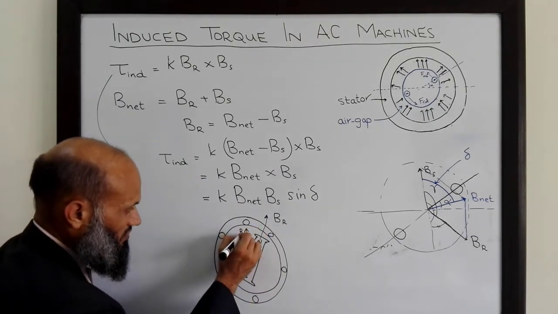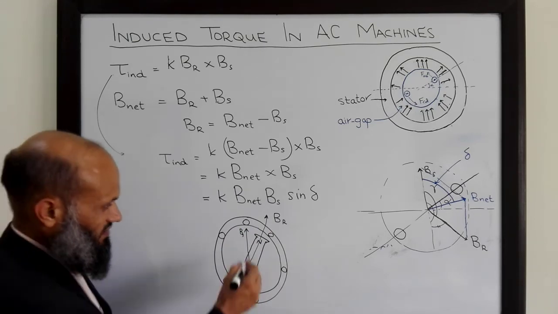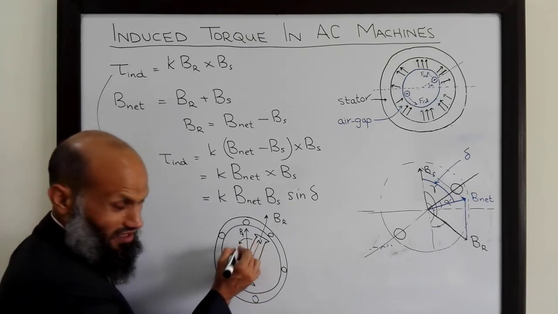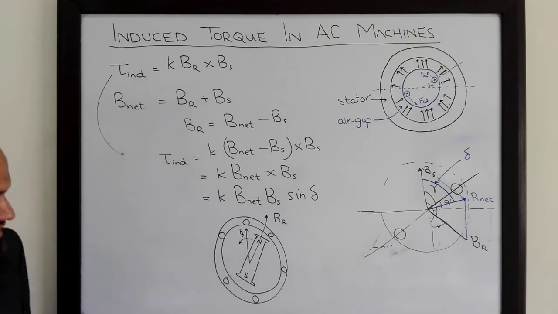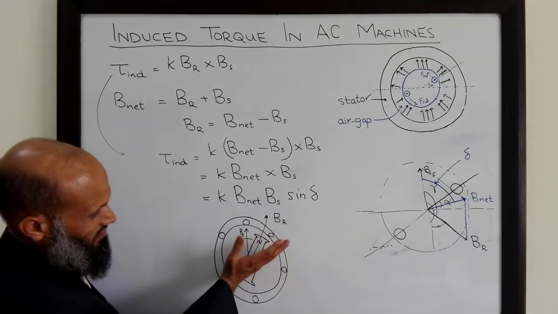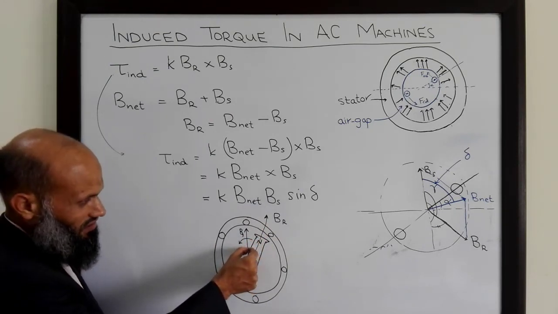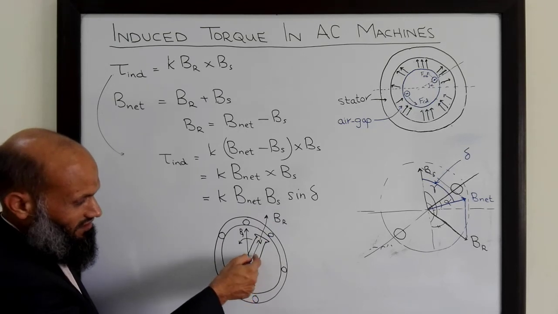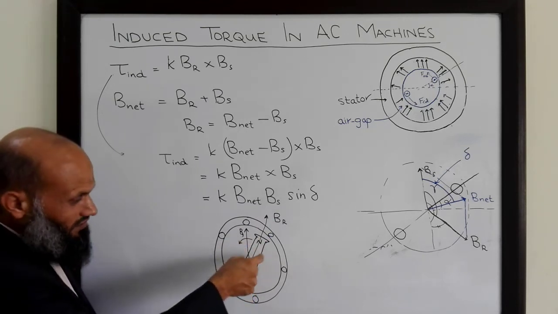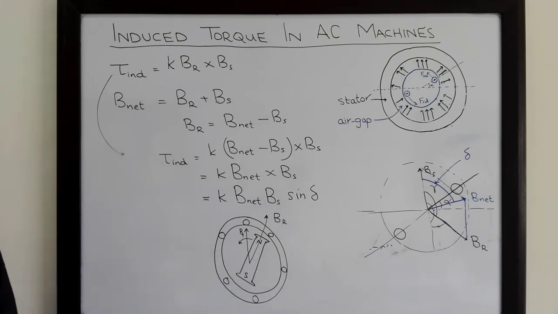You remember that when these coils are supplied with three-phase currents, this produces a rotating magnetic field. Bs is rotating, and induced torque will be such that it will tend to align both the magnetic fields, and hence this rotor will keep on chasing the stator magnetic field and it will keep on rotating.